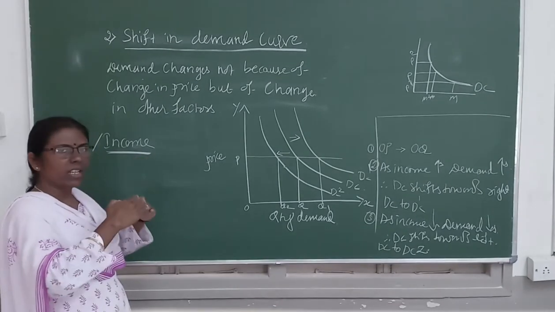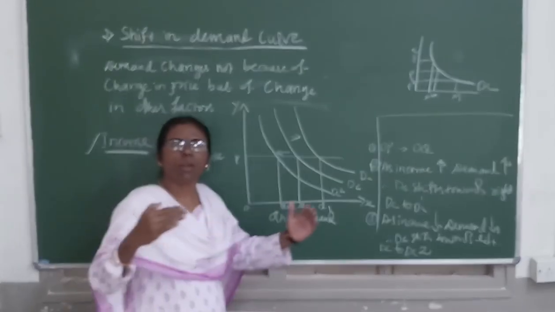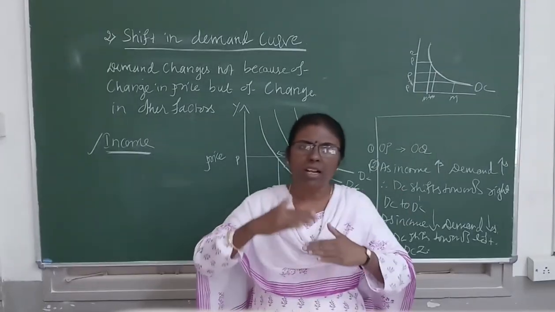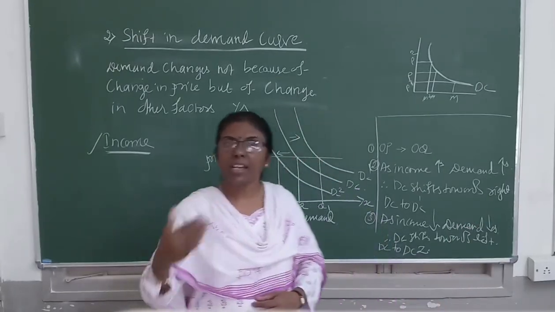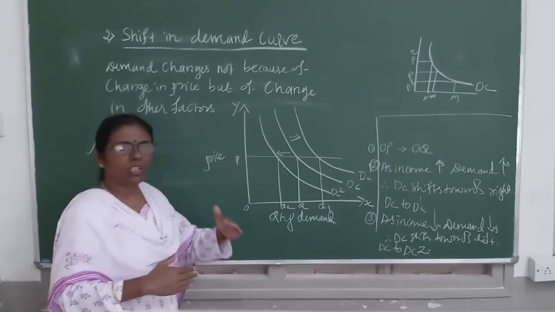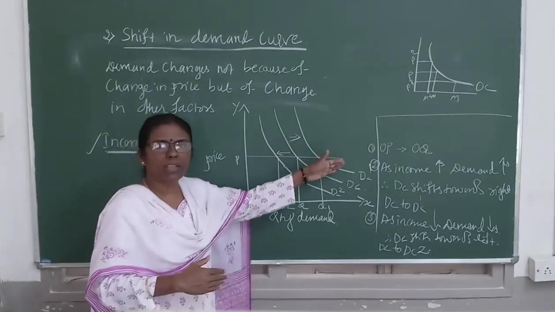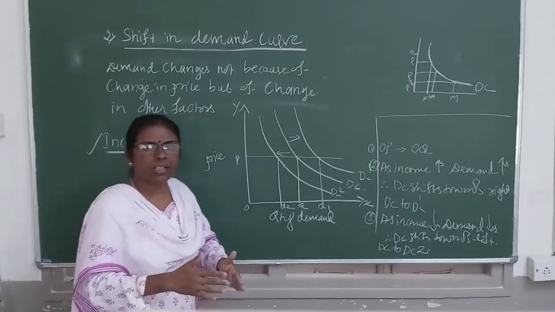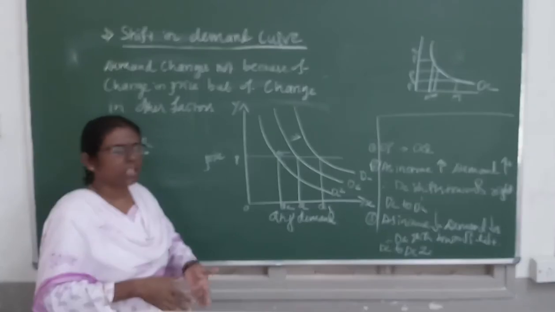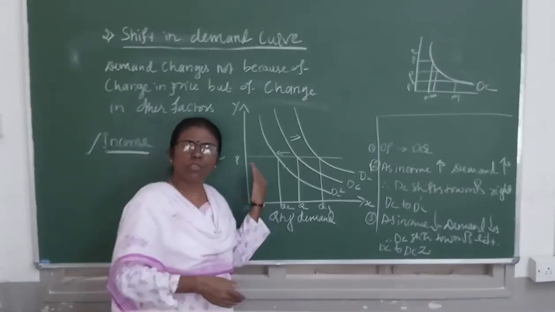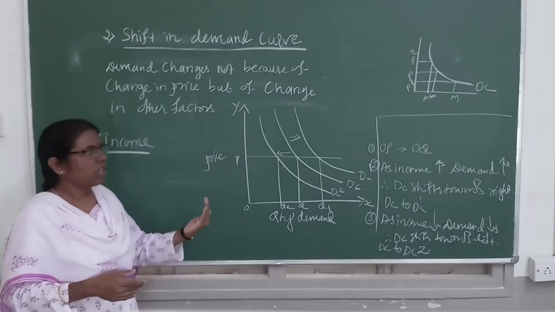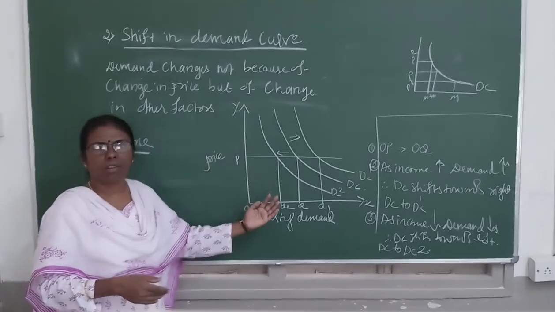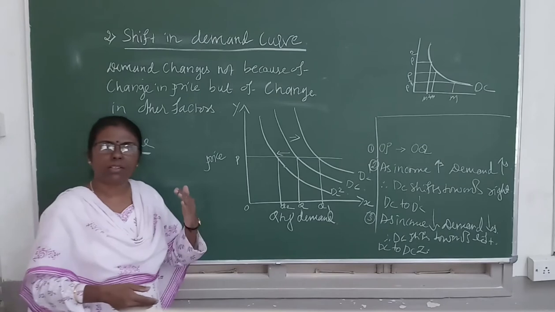As income increases, demand also increases. When demand increases, the demand curve shifts towards the right. As income decreases, demand also decreases. The demand curve shifts towards the left. So this is called a shift in demand curve.